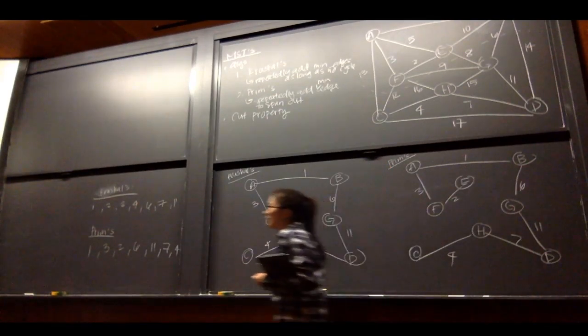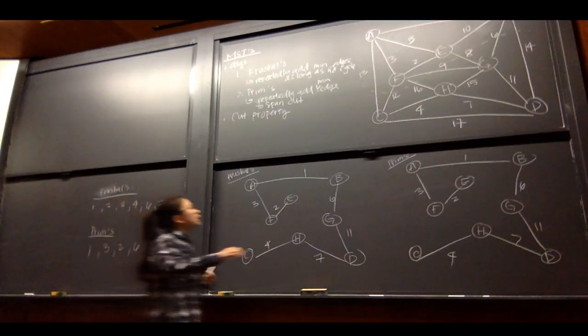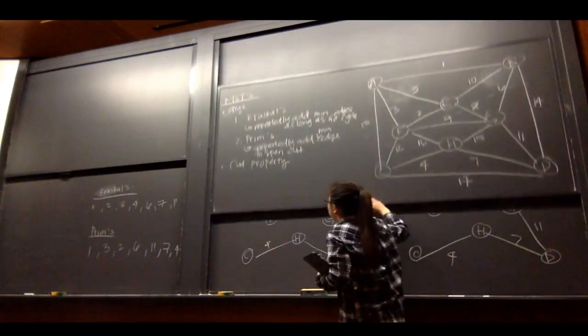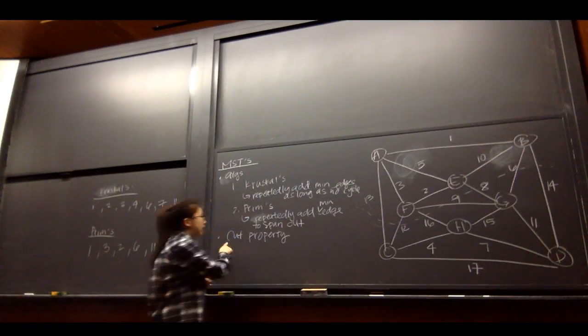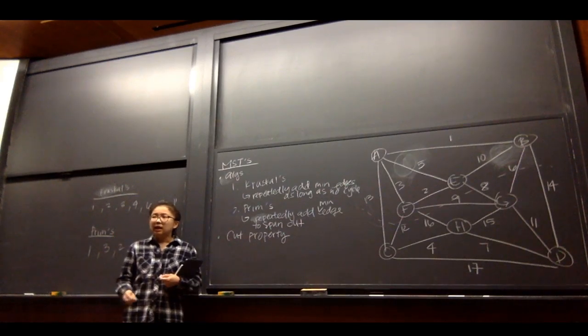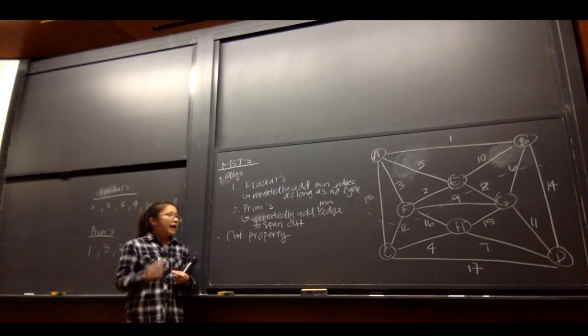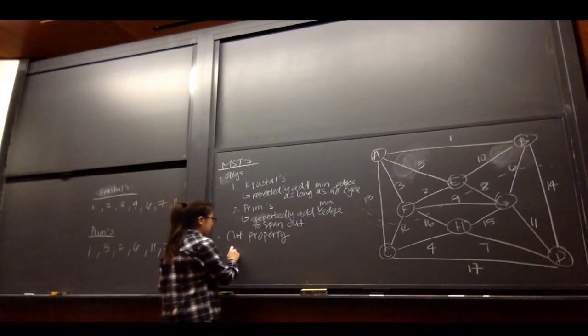So let's quickly talk about the cut property. So like Noah and I were discussing, the cut property is such that if I look at any cut, the edge that bridges the cut is the smallest weighted edge.